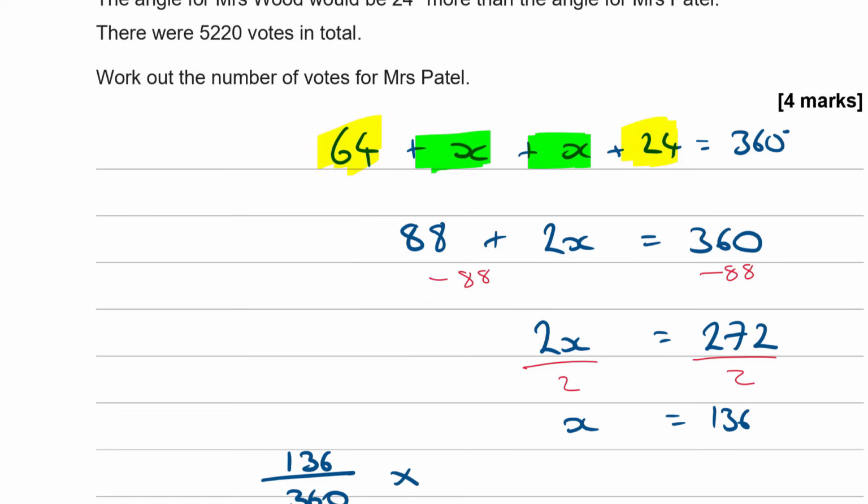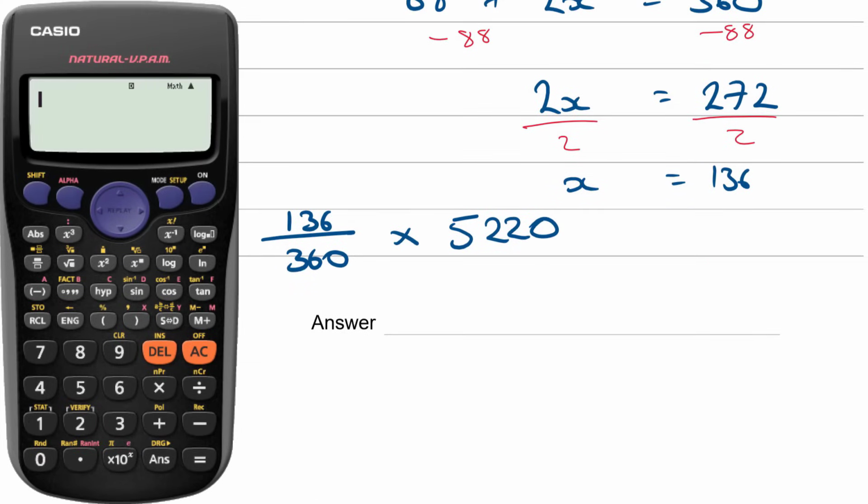So what is 136 360ths of 5,220? Okay, we can just tap that into the calculator using the fraction key. So using the fraction key, 136 over 360 multiplied by 5220 gives me a total of 1,972.